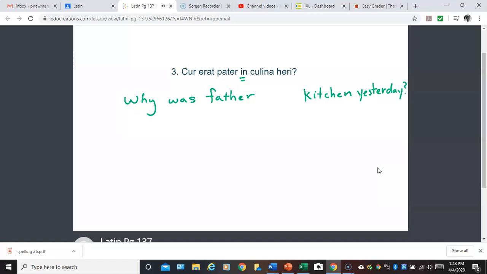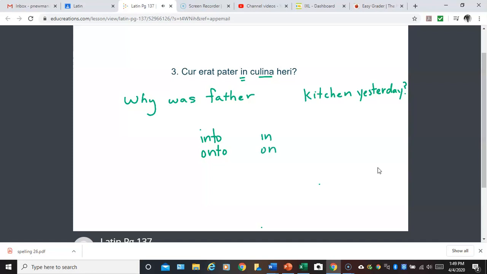Okay, so almost there. Why was father something, kitchen, yesterday? So let's look at in. Now, this is one of those really picky little things in Latin that can change the entire meaning of the sentence. So in could either be, if culina is in the accusative form, then it is either into or onto. If it is in the ablative form, then that in is either in or on.